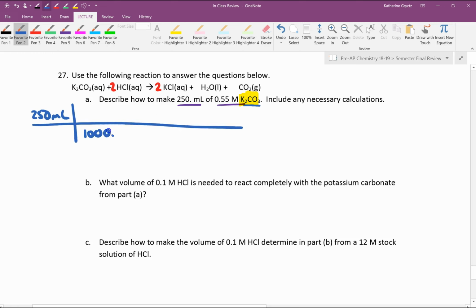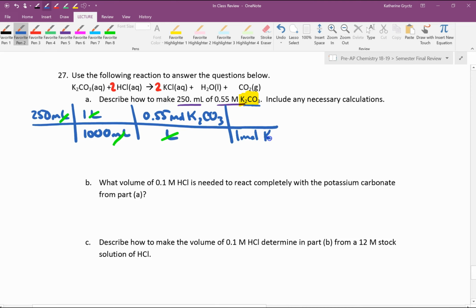So we got 1,000 milliliters, so 1 liter. And then we've got this molarity, which is 0.55 moles per liter. So that converts us to moles of K2CO3, but we can't physically measure that, so we're going to keep going.